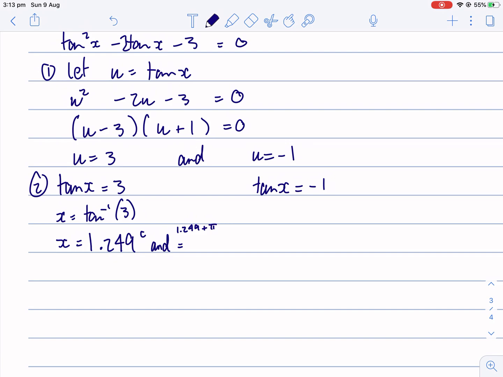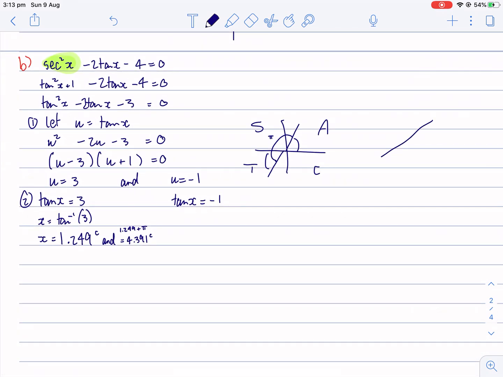So it's like just plussing 180 degrees to get into the tan quadrant, because remember we're here, so if we want to go down here, we just plus the full 180, so we're plussing pi. Gives us 4.391 radians.